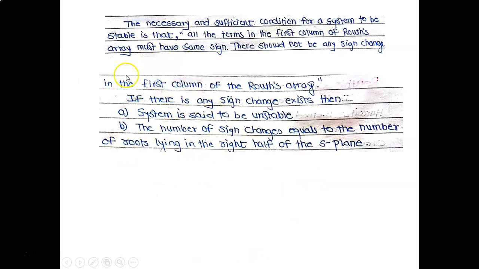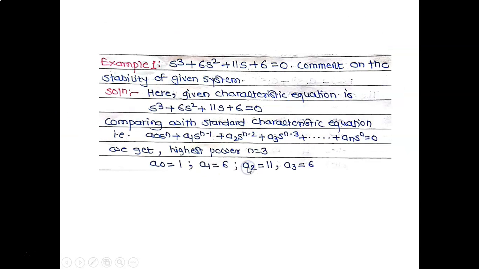Now, based upon this, we will solve some problems. Example 1: s cube plus 6s square plus 11s plus 6 is equal to 0. Comment on the stability of the system. Solution. Here the given characteristic equation is s cube plus 6s square plus 11s plus 6 is equal to 0.